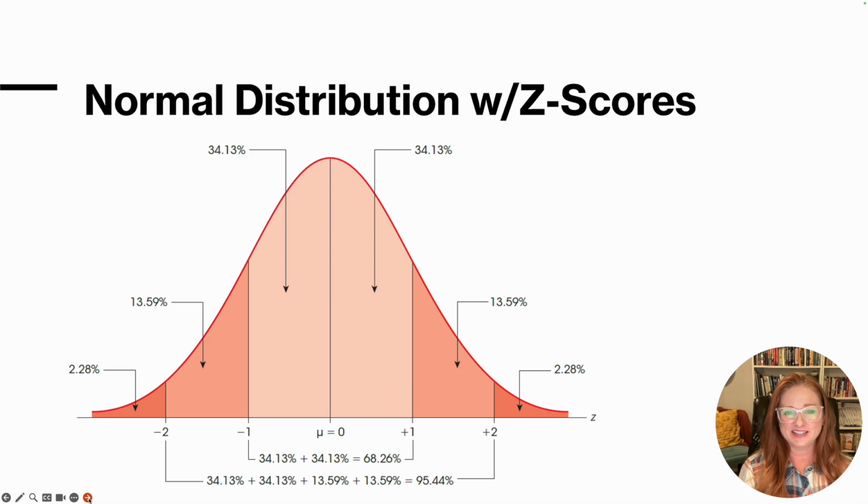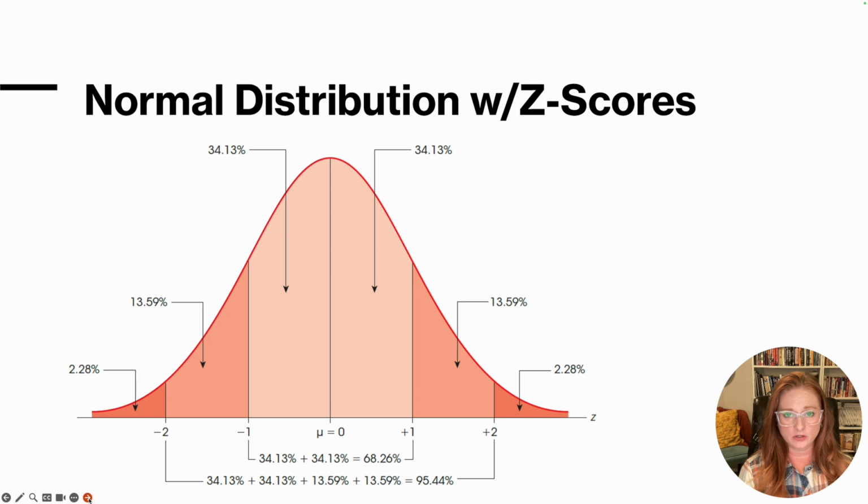Watch how fast the percentages start to taper off on both sides. 13% of us have an IQ score of 115 to 130. Because again, a z-score of +1 to +2 correlates to an IQ score, raw score, of 115 to 130.